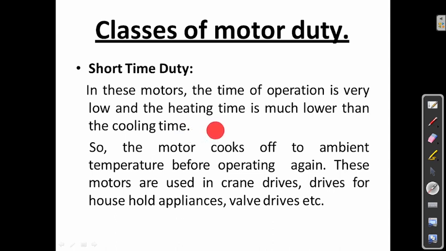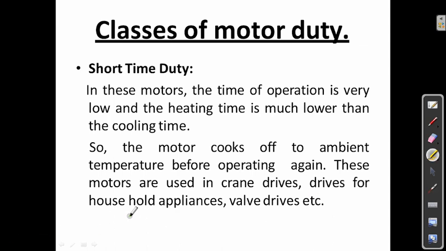Here the heating time is much lower than the cooling time, because it's a short time duty, running only for a short time. So the motor cools off to ambient temperature before operating again. These motors are used in crane drives, household appliances, valve drives, etc.